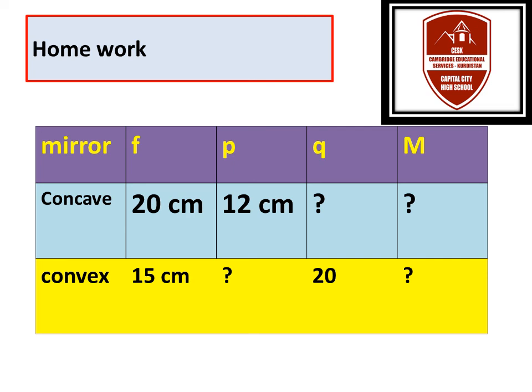So because it is biggest, q should be greater than 12 in magnitude, but negative, like negative 13, negative 14, negative 15, negative 16, etc. Again, my dear students, listen to me: Q should be negative, any number with magnitude greater than 12, like negative 14, negative 16, negative 20.